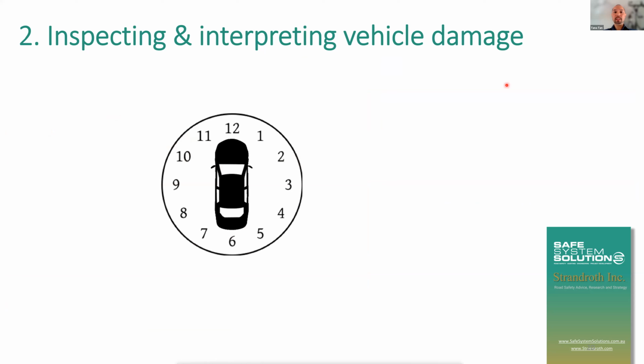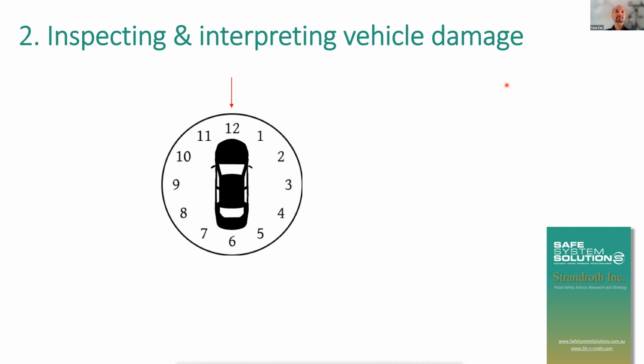Early on, I also mentioned the o'clock system. The vehicle that you're inspecting is your reference vehicle, and you use the o'clock system to identify the direction where the force had impacted the vehicle. So if we've got a vehicle that was impacted from the front, we say it's a 12 o'clock impact.